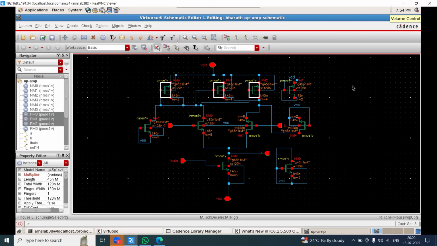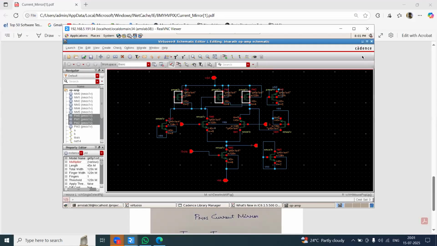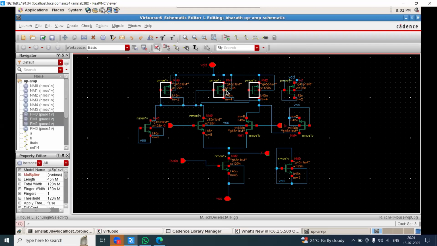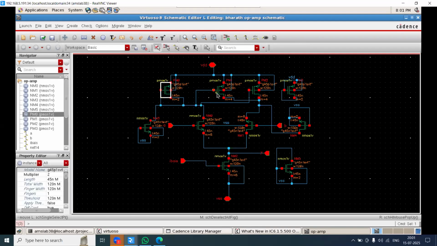Based on that logic, we are incrementing the multiplier. If we want more current to be drawn, we add multipliers, increasing multipliers.